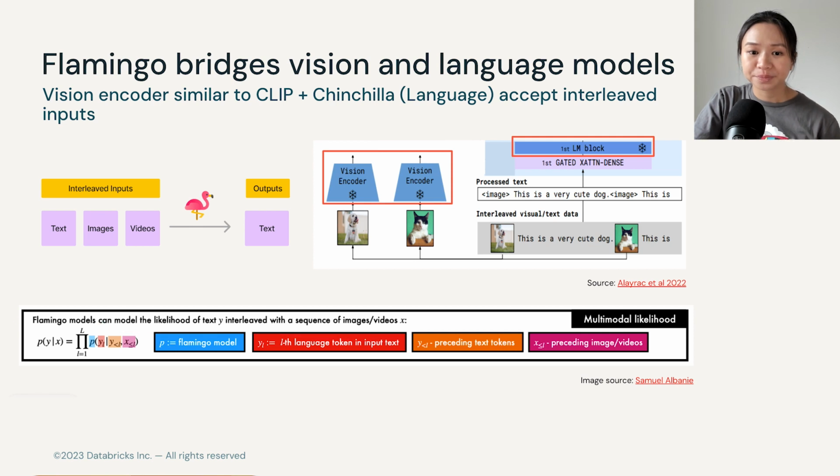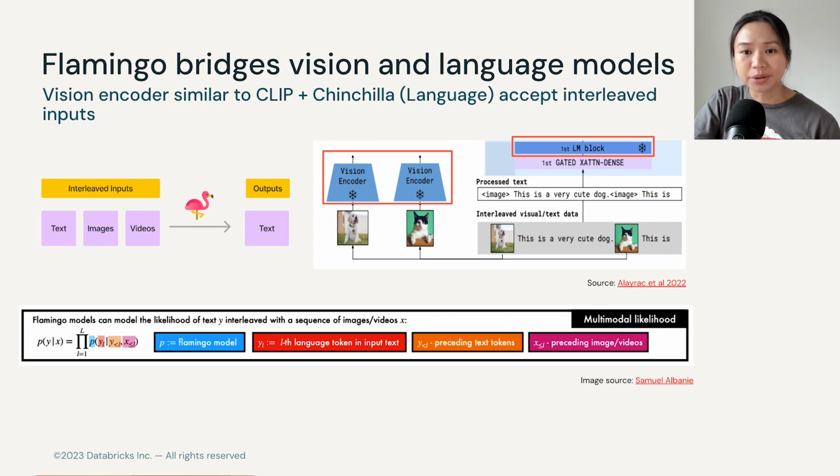So this architecture can enable a wide range of tasks, including open-ended tasks like visual question answering or captioning, and also closed-ended tasks like classification.